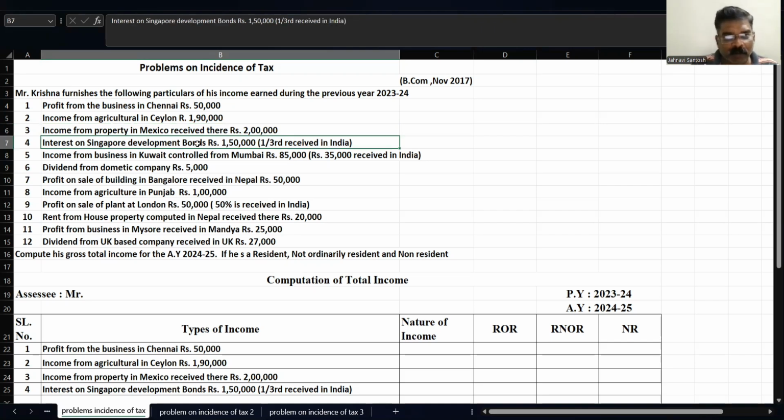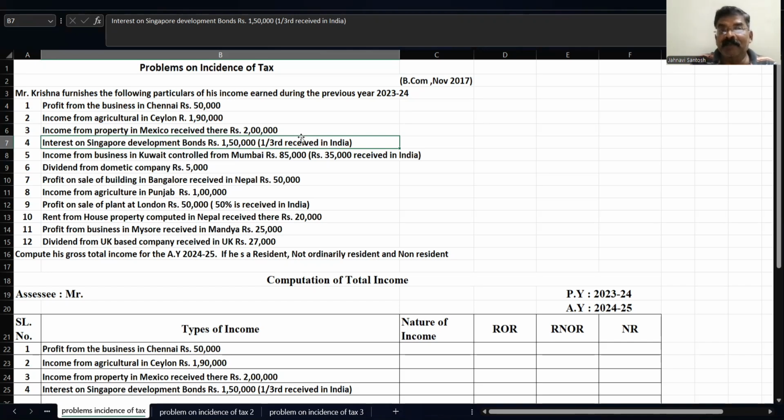Now, coming to the fourth point, interest on Singapore development bonds, rupees 1,50,000. In the bracket, they have written 1/3 received in India. See, this is very important. Interest on Singapore development bonds means Mr. Krishna has invested in Singapore development bonds. That basically is foreign.